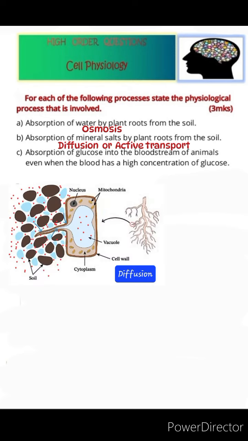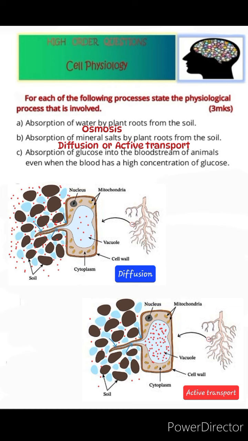If the concentration of mineral salts in the soil is higher than that within the cell sap of the root hair cells, then the absorption occurs by diffusion. But if within the cell sap of the root hair cells, the concentration is higher than in the surrounding soil, what happens is that the mineral salts will still be absorbed, but against the concentration gradient. And this, of course, is by active transport.